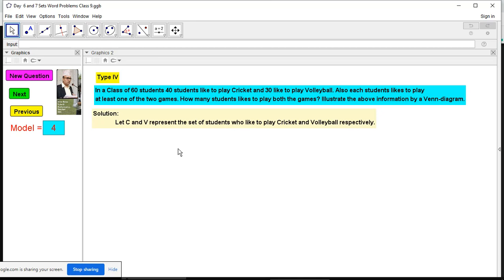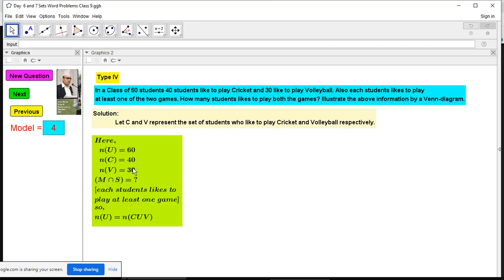So next step, here I have represented set A as C and set B as B, because cricket is C and volleyball is B. And now look at here, dear students. Universal set is 60. First set C is 40. Second set B is 30. Intersection is, how many students like to play both games?